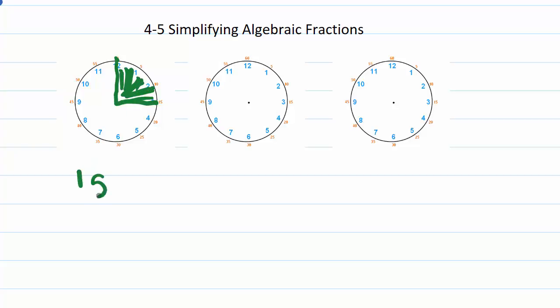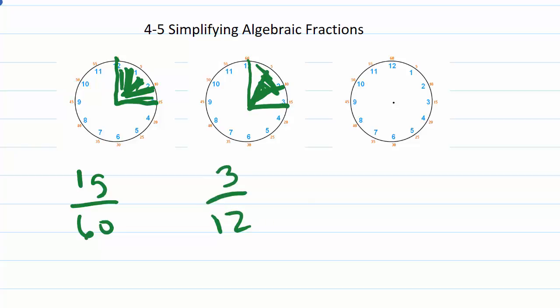Well, that's 15 minutes out of 60 total minutes. Or on the clock, I can say it is 1, 2, 3 twelfths. Or I can say it is 1/4 of a whole hour.